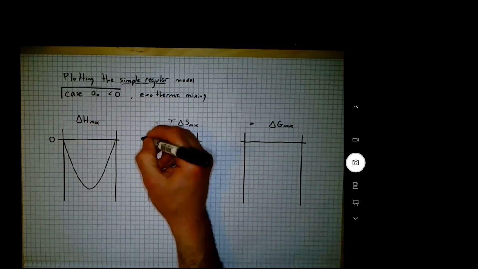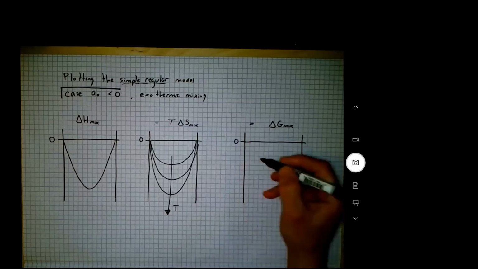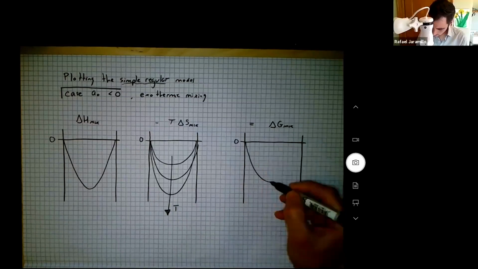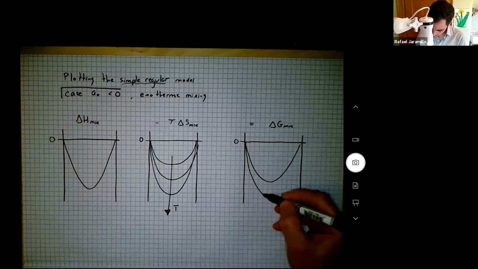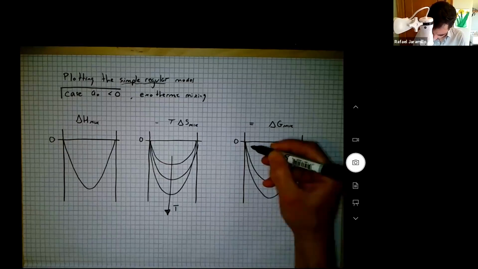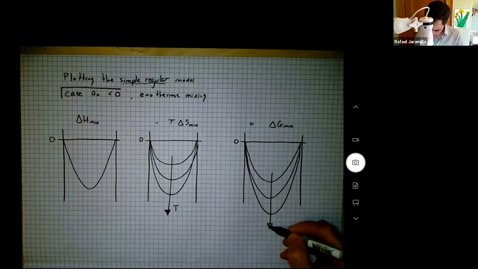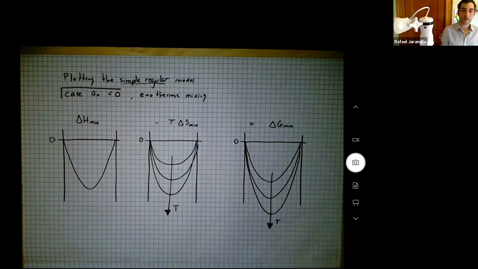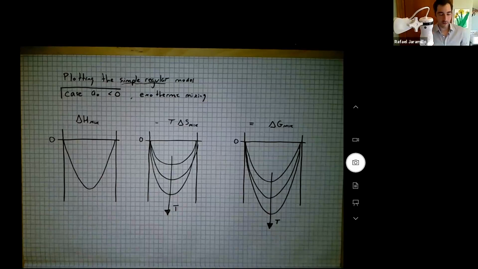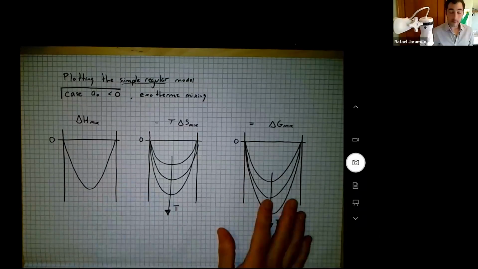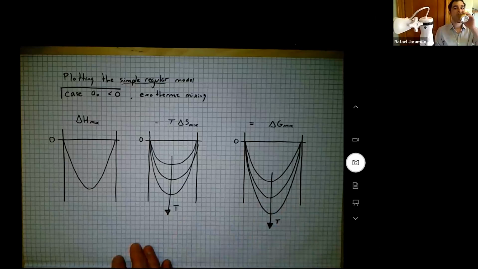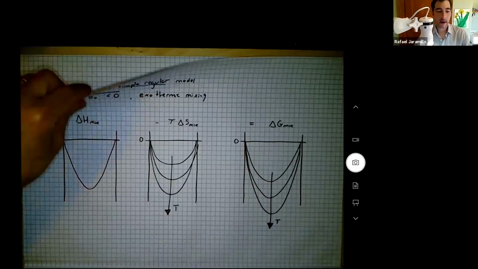Favor mixing as well. Favor mixing, right, thank you. So the Gibbs free energy is very favorable for mixing. And I have here a series in temperature. So this is qualitative. I'm just sort of drawing lines on paper, but hopefully you now see where this is coming from, right? All right, that's exothermic. What about the endothermic case?